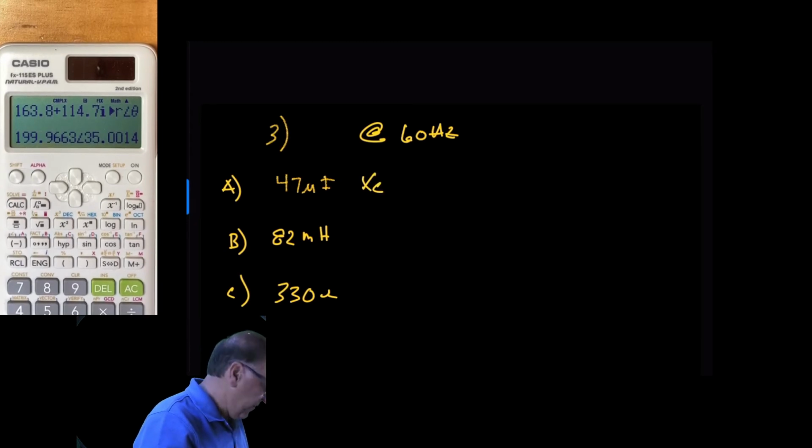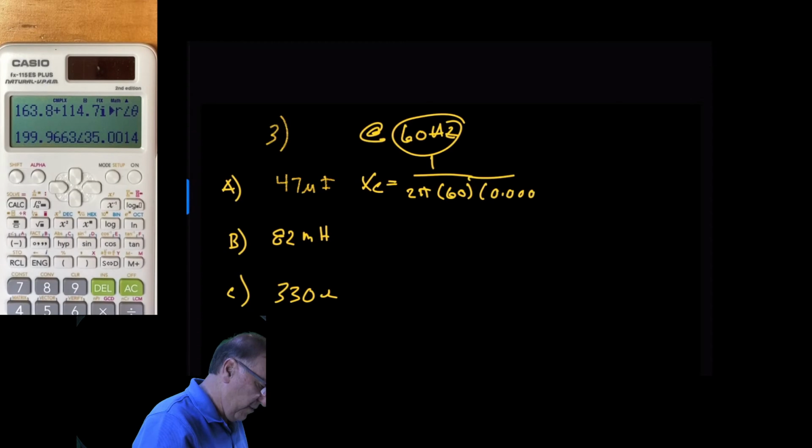So X sub C equals 1 over 2 pi, and they're giving us 60 hertz as the frequency of the system, times 0.12347 microfarads, and so that equals 56.4 ohms. The impedance is minus J 56.4 ohms.